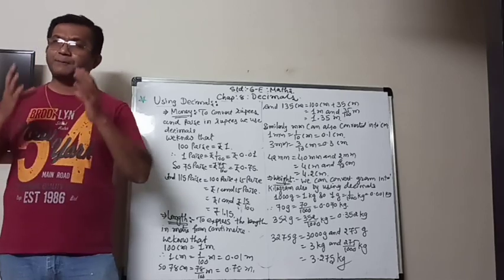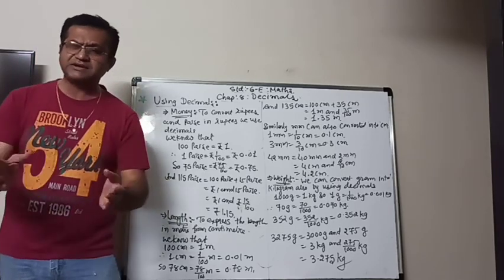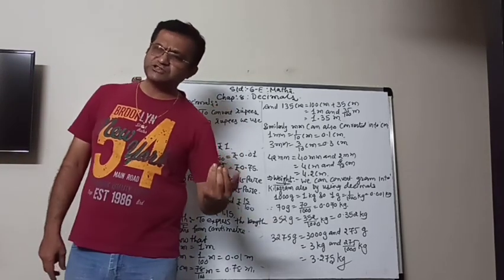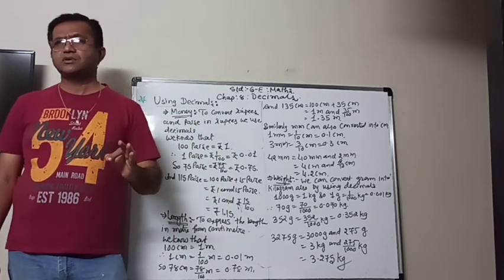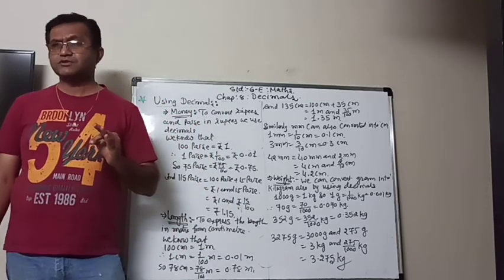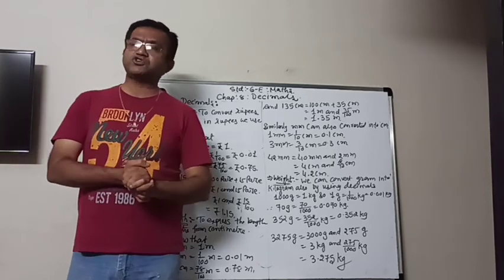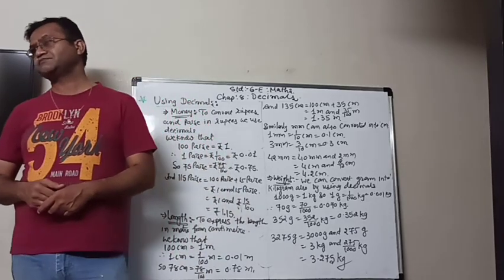In that also a part of a kilometer or a small part of a meter or centimeter is there. In this situation also, we need to write them down using decimals.